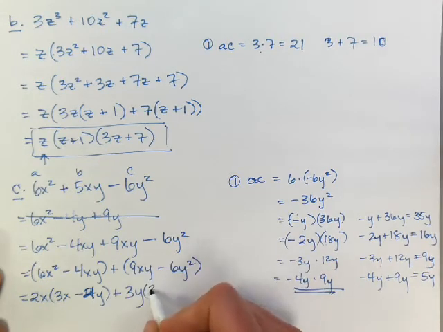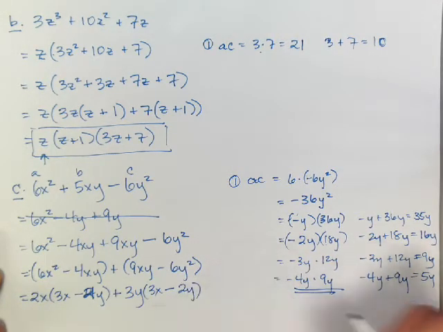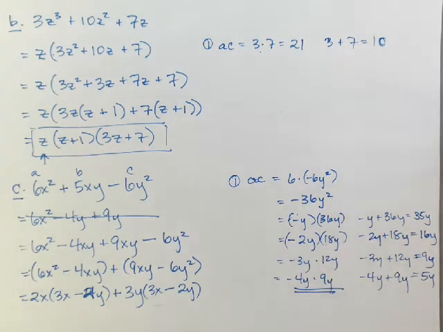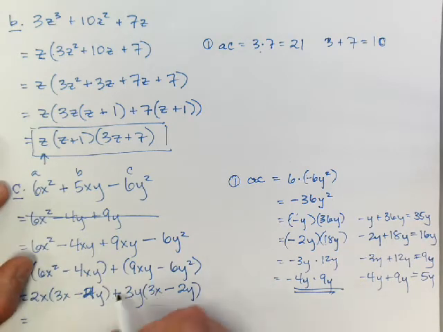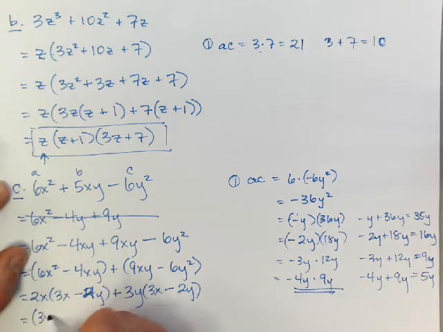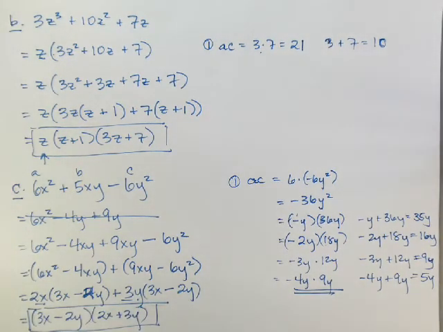So we'll have a 3x minus 2y. Aha, yeah, and they match. So that looks good. Okay, now the 3x minus 2y is the common factor. And the leftover parts are the 2x and the plus 3y. And that's our factorization.